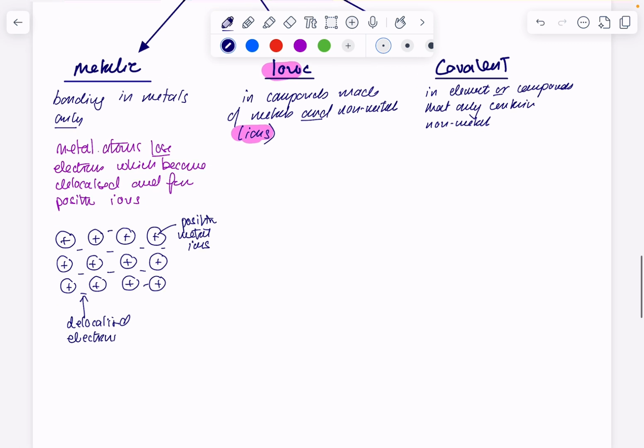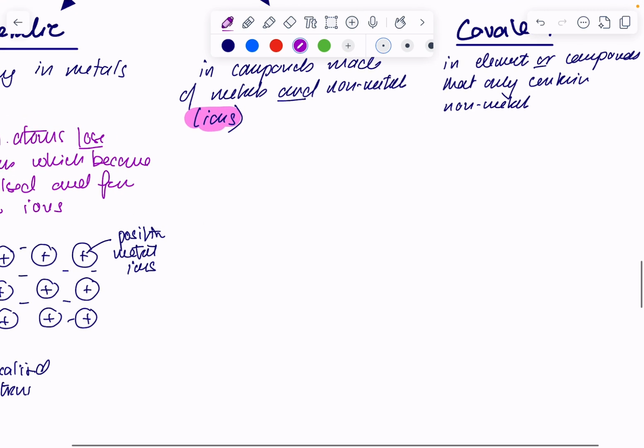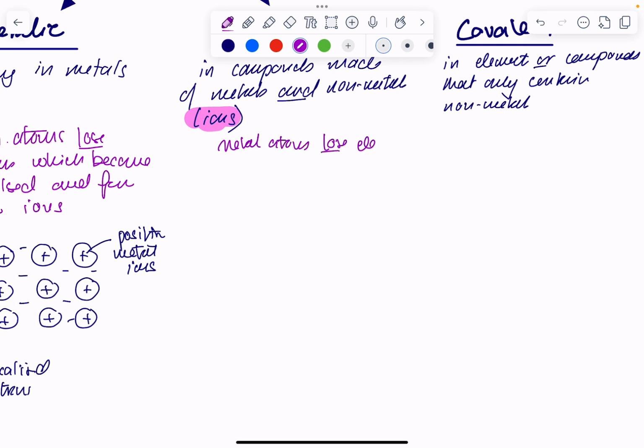How does that compare to how ionic bonds form? So, in this case, metal atoms lose electrons and non-metal atoms gain electrons to form positive and negative ions.